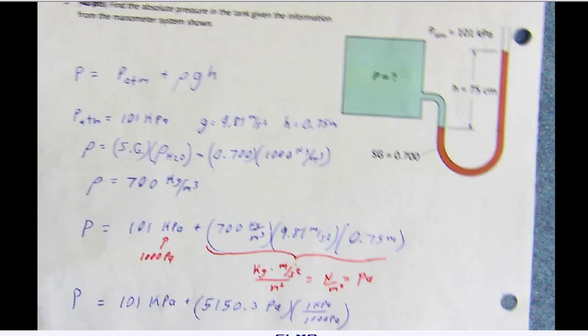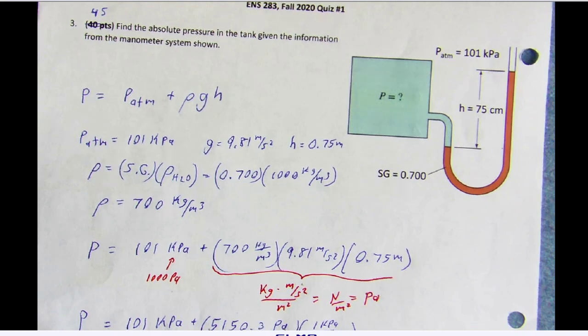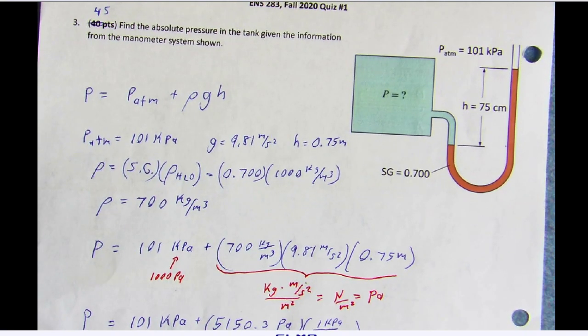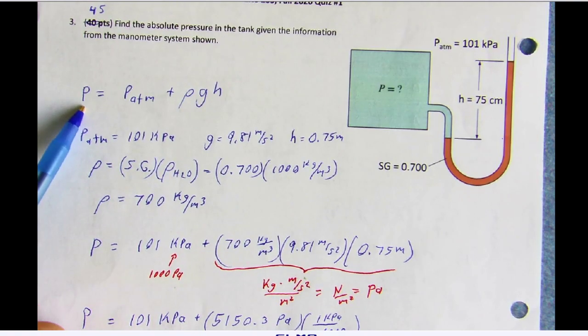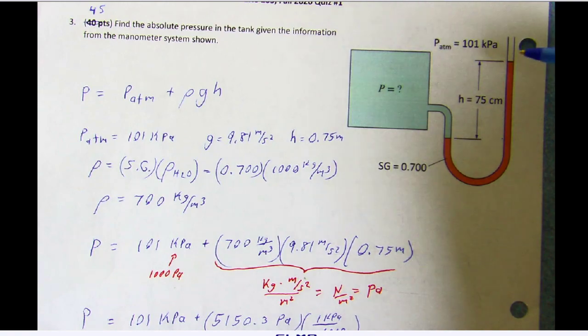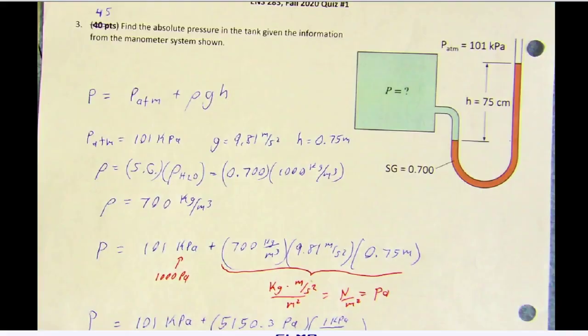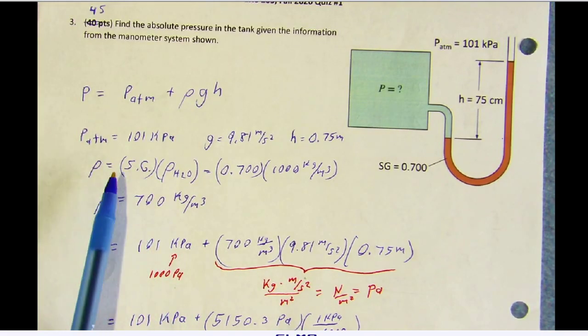And then: find the absolute pressure in the tank given the information from the manometer system below. This one was again a manometer problem, and you just had to know how to use the manometer equation. So the pressure right here is going to be atmospheric plus the height of this column of fluid, which is represented by rho g h.